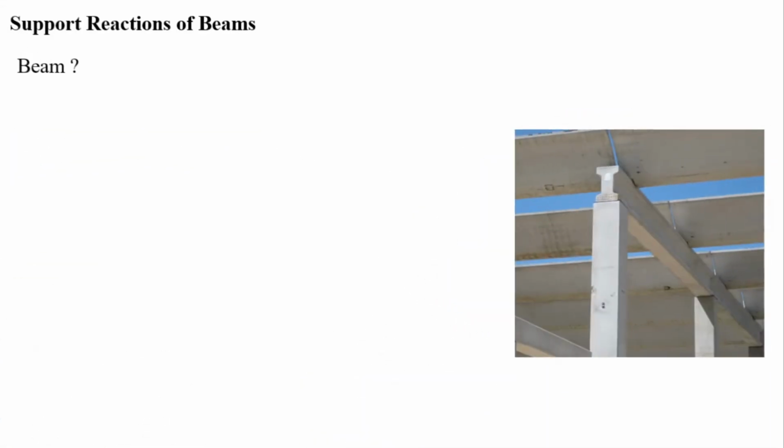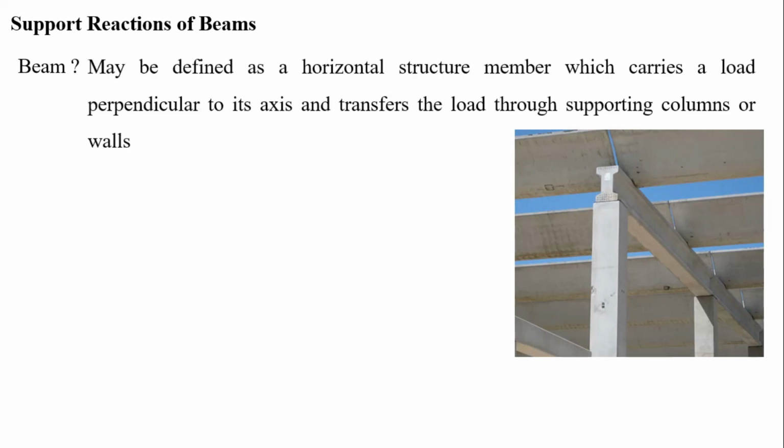We are going to discuss support reactions of beams and types of loads. So, what is a beam? A beam may be defined as a horizontal structural member which carries a load perpendicular to the axis of the beam.